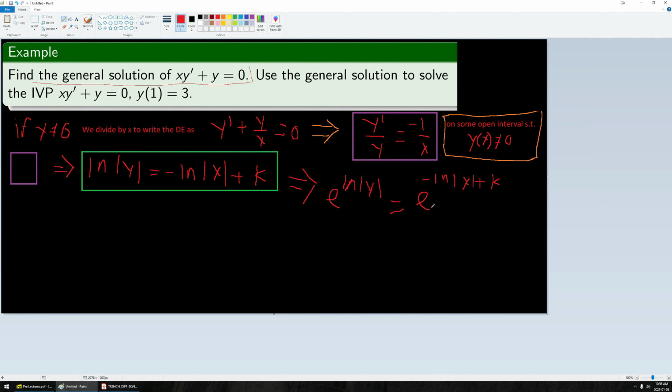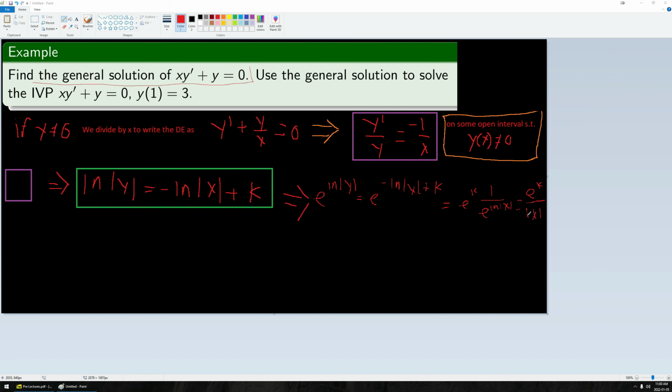Okay, so now on this right-hand side here, I can simplify this directly by noting, hey, this is just going to be e to the k times 1 all divided by e to the ln of the absolute value of x. And again, this e to the ln of the absolute value of x is simply going to be equal to x, right? So this all simplifies to e to the k all divided by the absolute value of x. Okay, so I'll clean that up and we'll come right back.